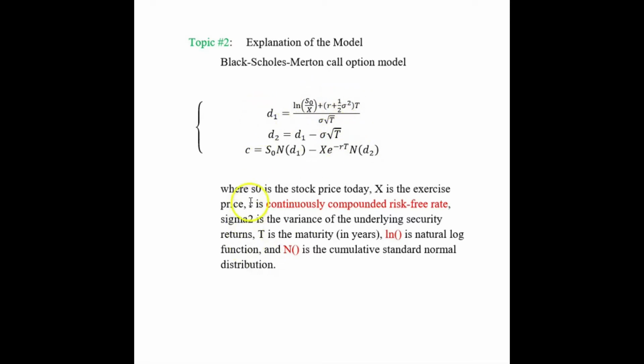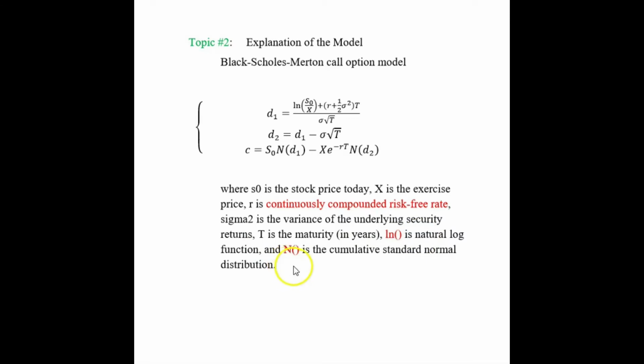S0 is stock price today. X is exercise price. R is the continuous compounding risk-free rate. Sigma squared is the variance of the underlying security. And T is maturity. Log is the natural log function.